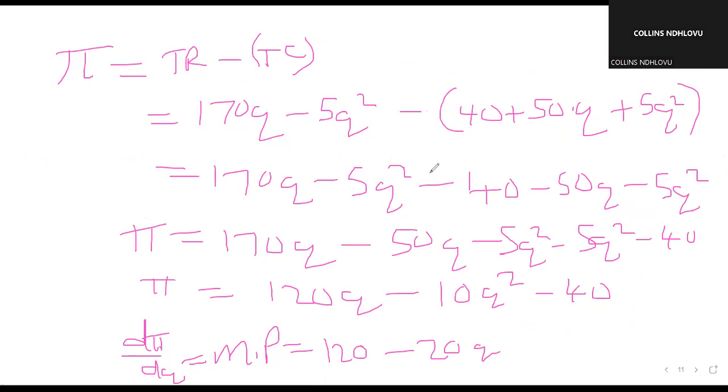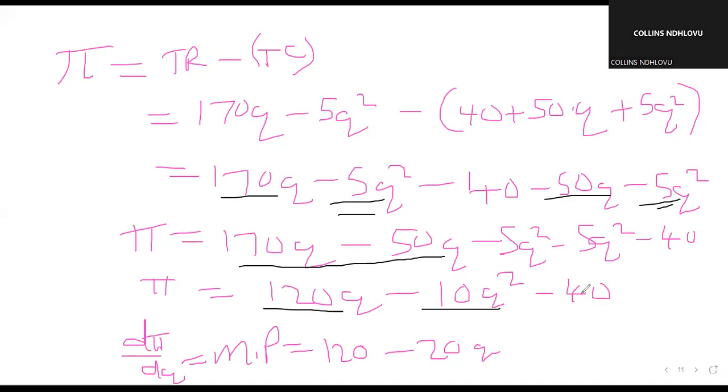And now you rearrange them according to the like terms. 170Q will go with a minus 50Q. Please, nothing is crossing the equal sign, so keep the sign as it is. So 170 minus 50 is 120. Then minus 5 minus 5 will give us minus 10, which is that one. Then the 40 is alone. So this is what we call the profit function.